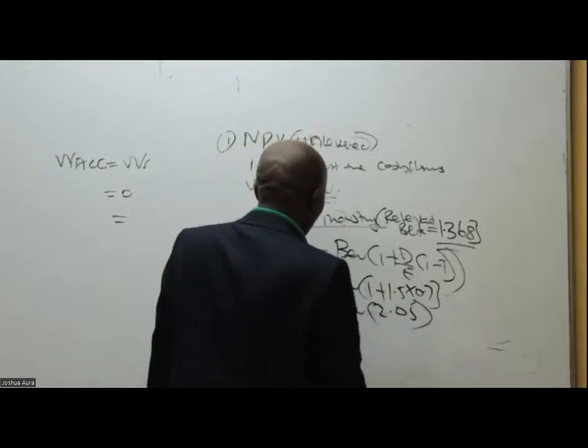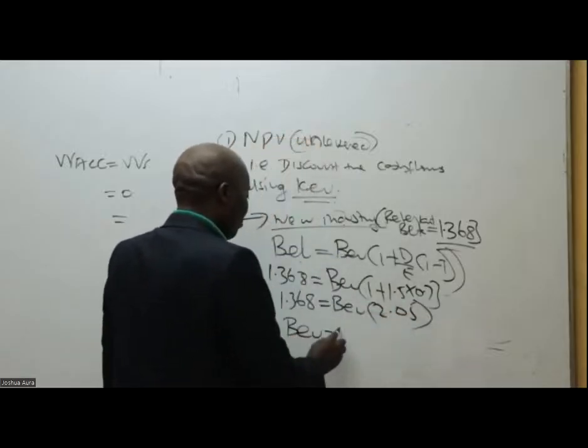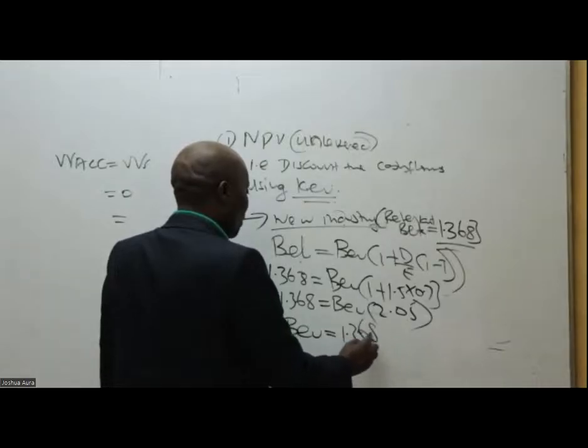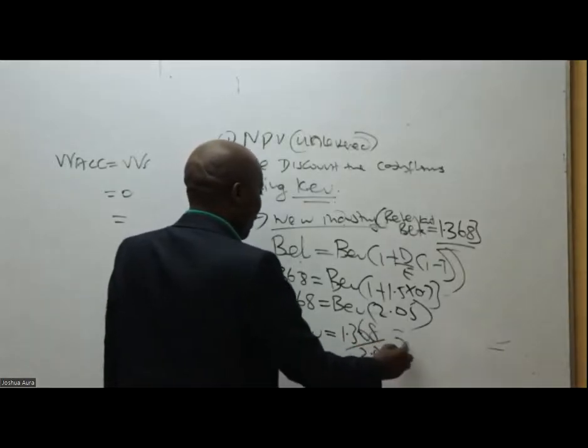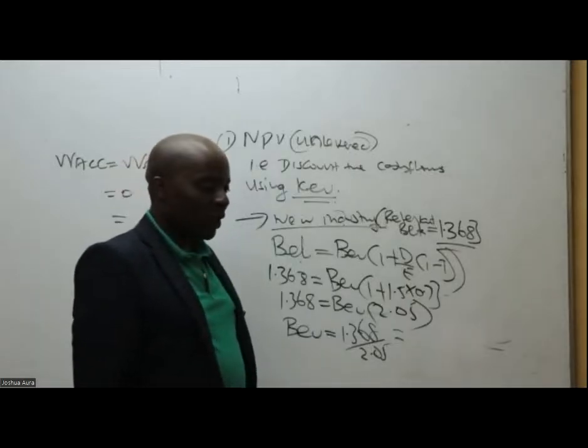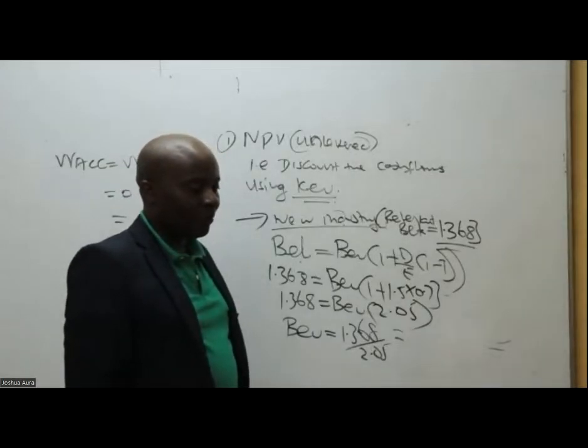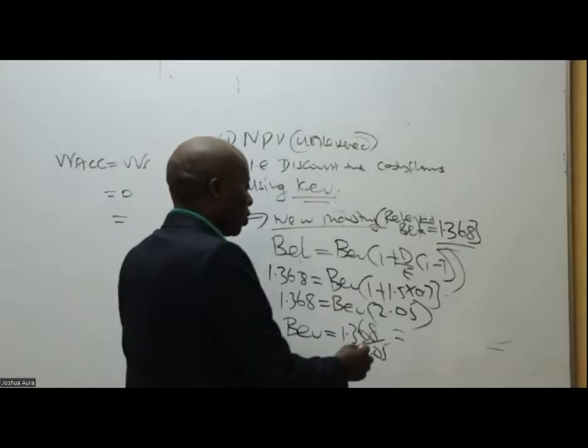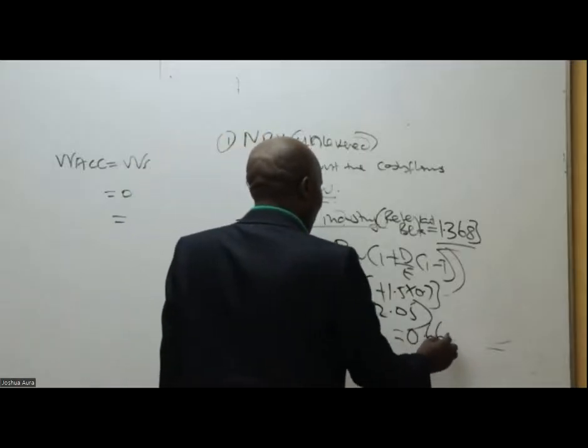2.05. And then I will be able to get the beta unlevered by taking 1.368 divided by 2.05, which will end up giving me what figure? Somebody here, what figure, ladies and gentlemen? 0.667.